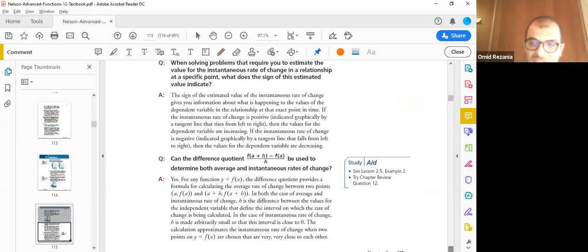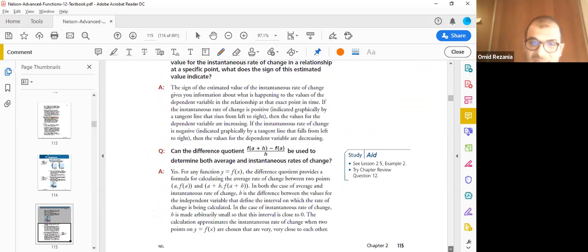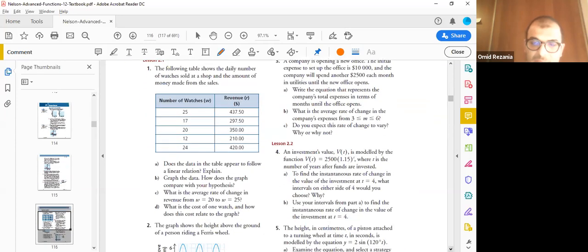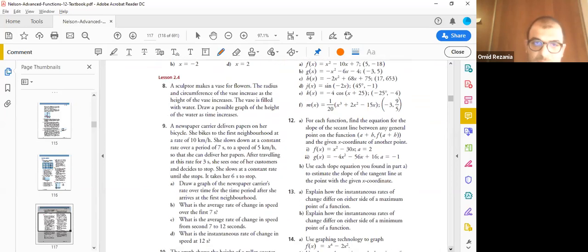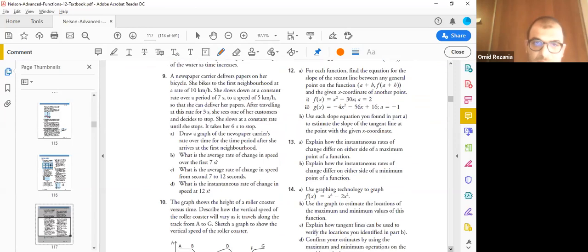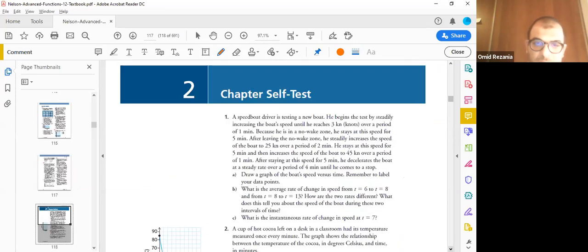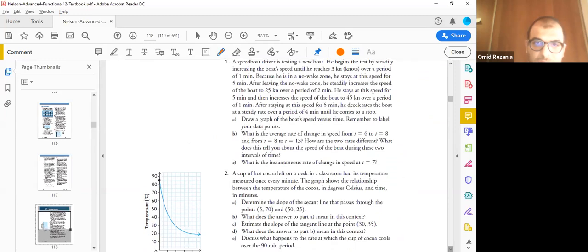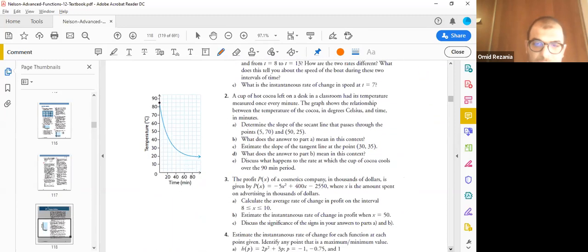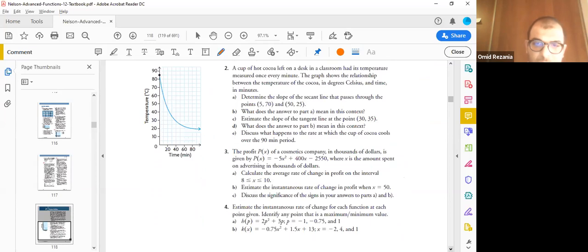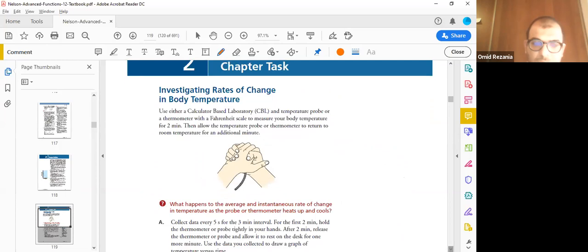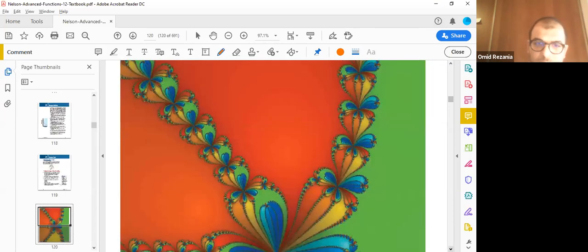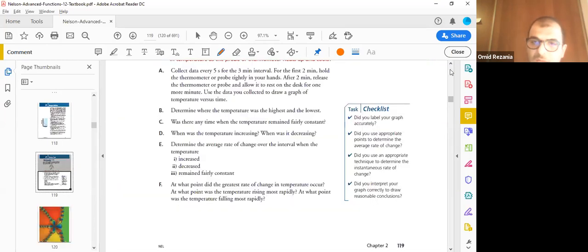It's going to be page number 115. Just moving on to next chapter.